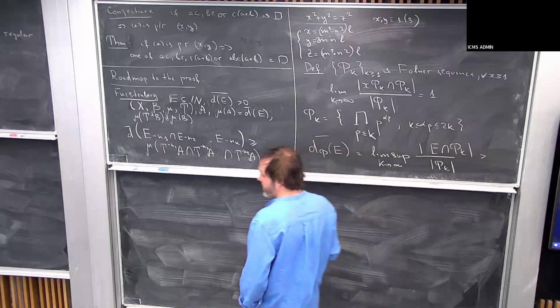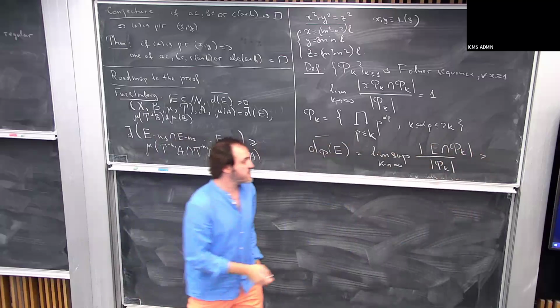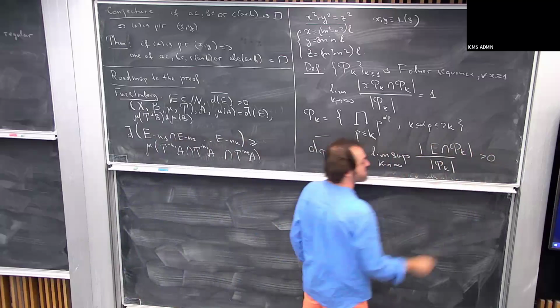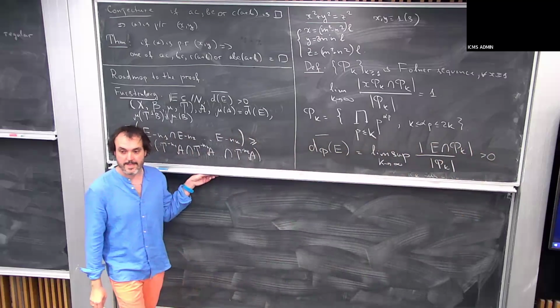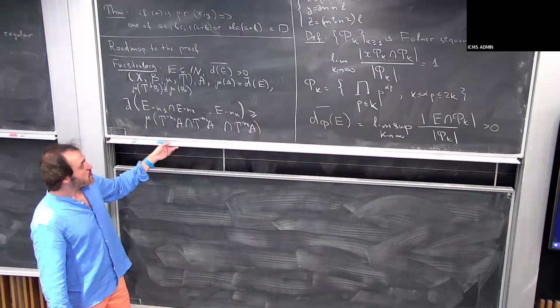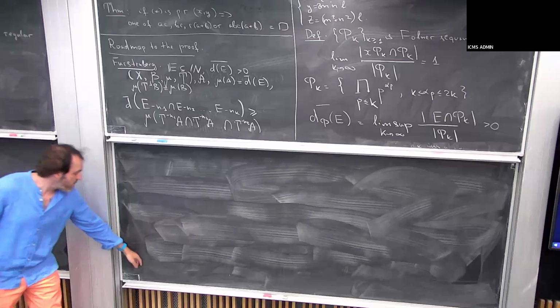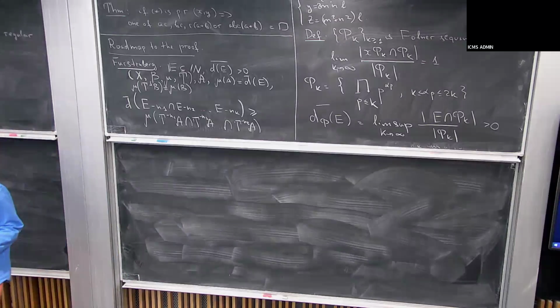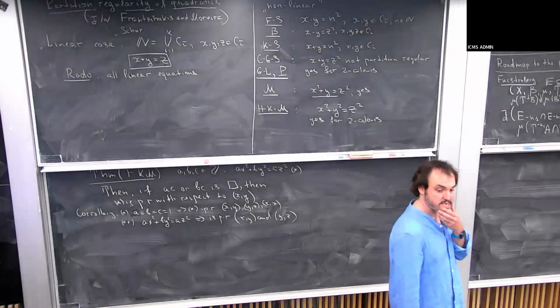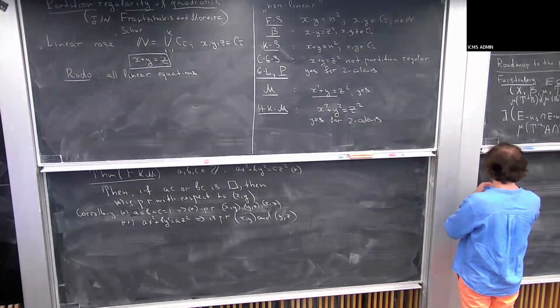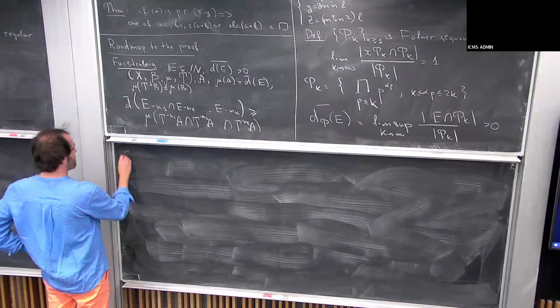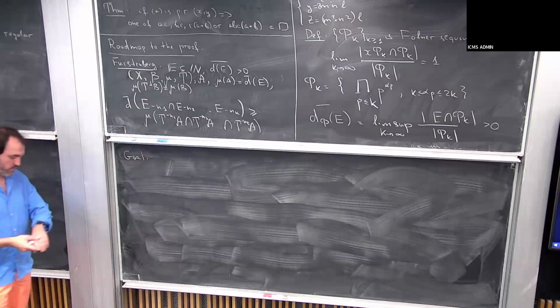And so I can say that the set has positive density. So with this notion of density, it removes these local obstructions, and so I might expect to prove a density regularity, and this is exactly what I want to do.